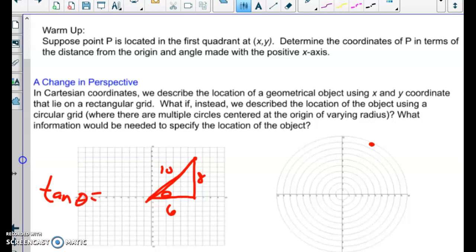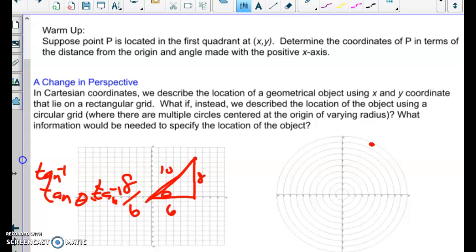And if we use our trig, we're going to say the tangent of theta is equal to the opposite over the adjacent, so theta is the inverse tangent of 8 divided by 6, which gives me 53.1 degrees.